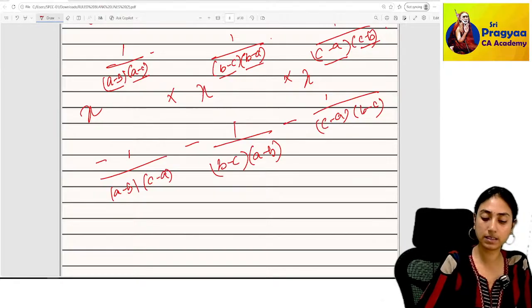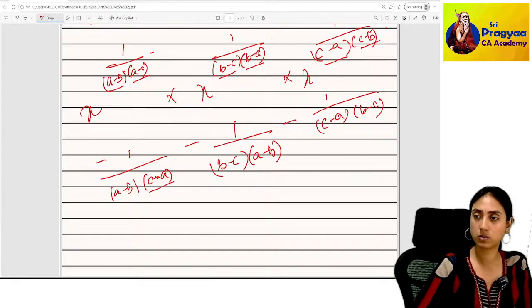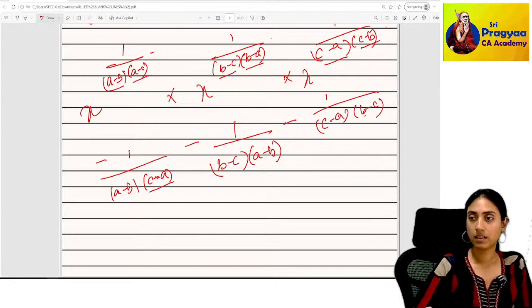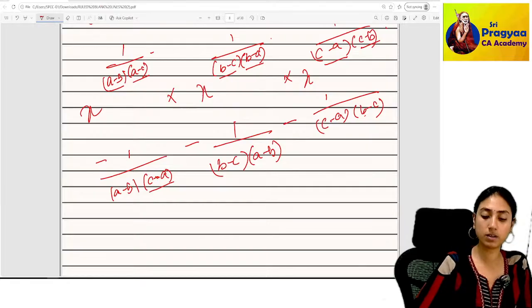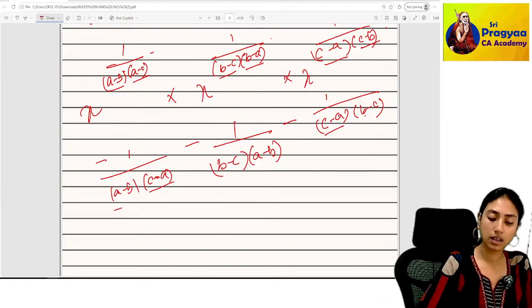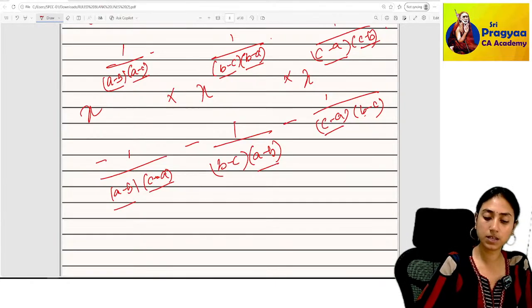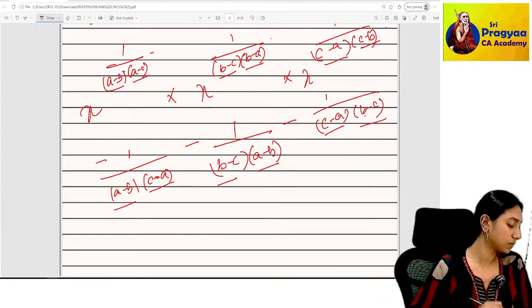If I take the minus sign outside, this term will become c minus a. Here again you have c minus b plus, but rather make everything as minus, it will be easier. So now I have the common term c minus a, c minus a minus b, a minus b, b minus c, b minus c.